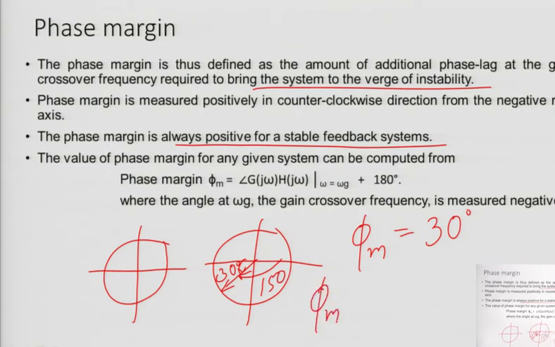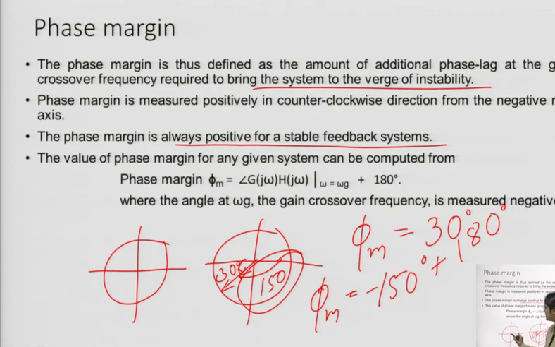So, phi m will be equal to minus 150 degrees plus 180 degrees, that comes out to be 30 degrees. This is the phase angle which is measured from the positive real axis in the negative direction.